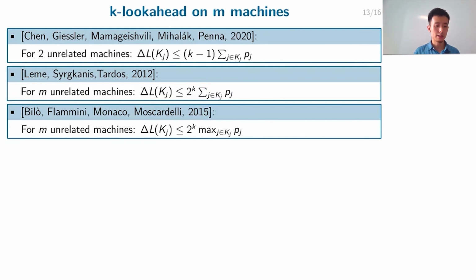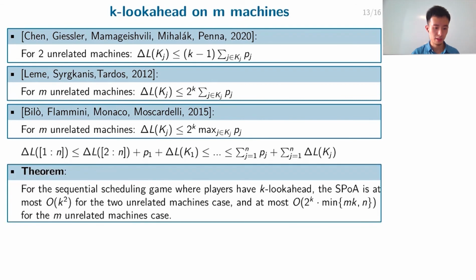So we can borrow upper bounds from previous work regarding the full rationality setting. Here we have the following theorem. The sequential price of anarchy for two unrelated machines is big O k squared, while for m machines, it is big O 2 to the power of k times the minimum of m times k and n.